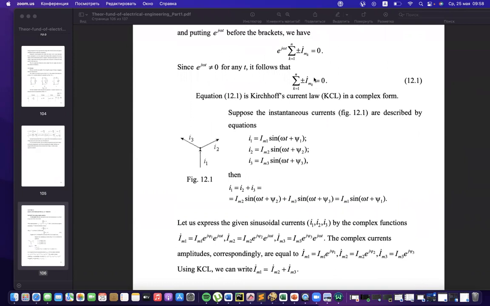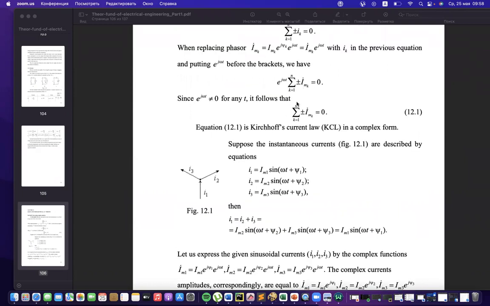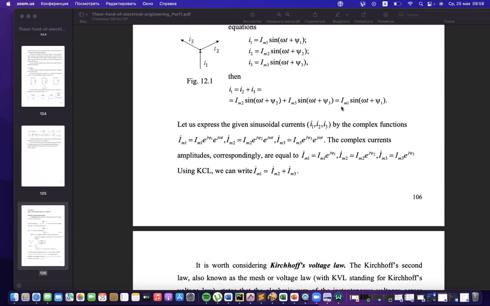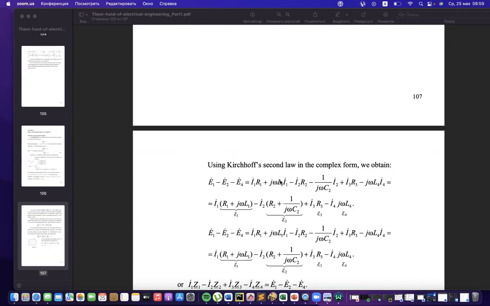discussed all laws, discussed that current Kirchhoff law could be implemented either in sinusoidal form or in form of complex vectors. It is true. It is the same as for direct current. Everything is okay.